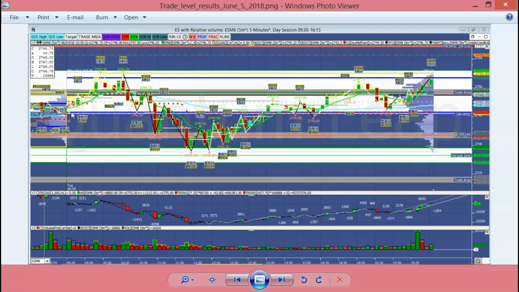So we opened auction and it looked like we were in hypo 1. And we come back in and we test, we break out, we go up into the 52.50 for the IB high, we come back down, and then we go up and put a double top. Now at this point in time, you're thinking, okay, double top probabilities.